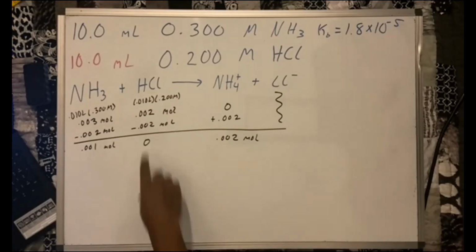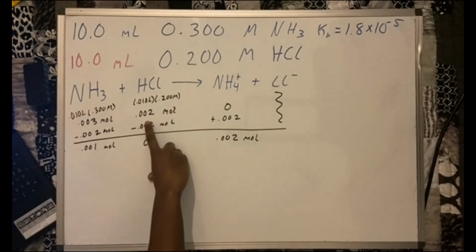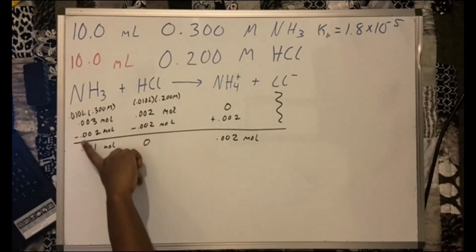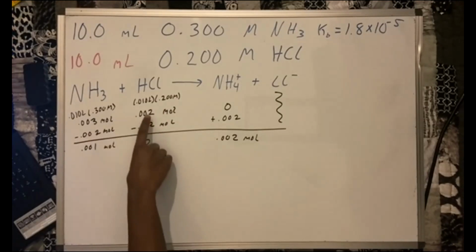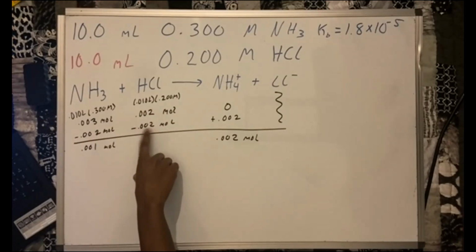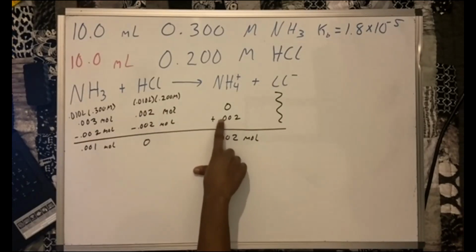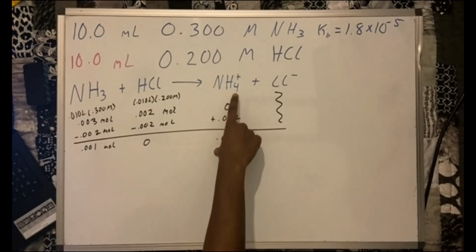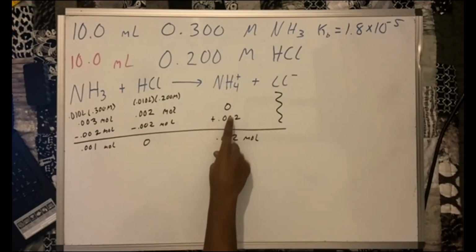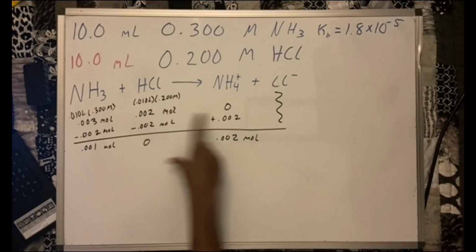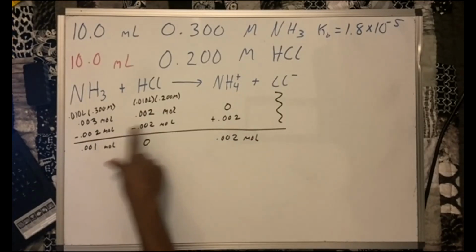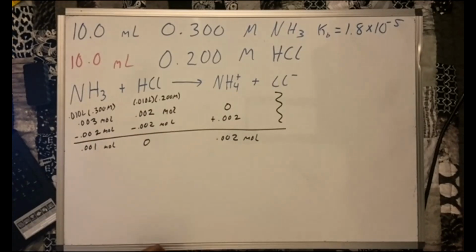This is all going to go away because it's the limiting one, so it's going to run out first. So I'm going to subtract it from both of my reactants. But since I'm using up that much of this, I'm making 0.002 moles of NH4 plus, right? So you're losing reactants and you're gaining products. This is kind of like our X, you can imagine. Is that okay? Cool.